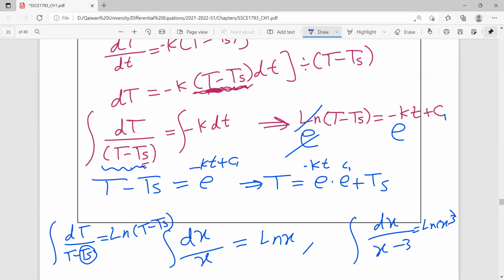That results in this integration equaling ln of T minus Ts. For Ts, we have no values now. Generally we do it, but we deal with Ts as a constant. We let that be a constant.